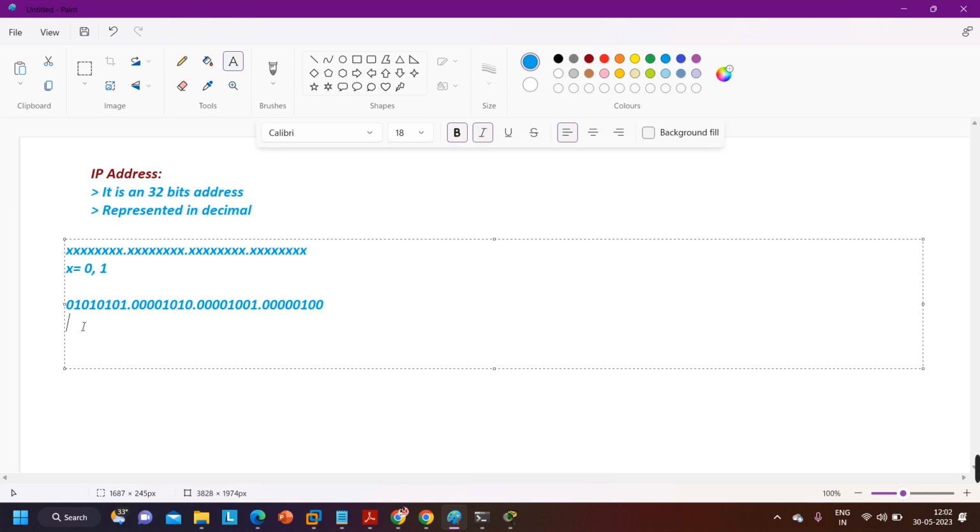In the first field, was it 85? Hold on. 64 plus 16 plus 4 plus 1. This one is 64, this one is 16, this one is 4, and this one is 1. Sorry, it's 4, not 8.